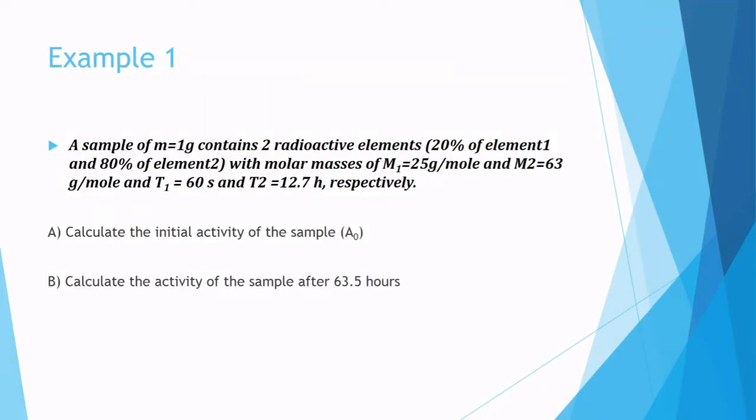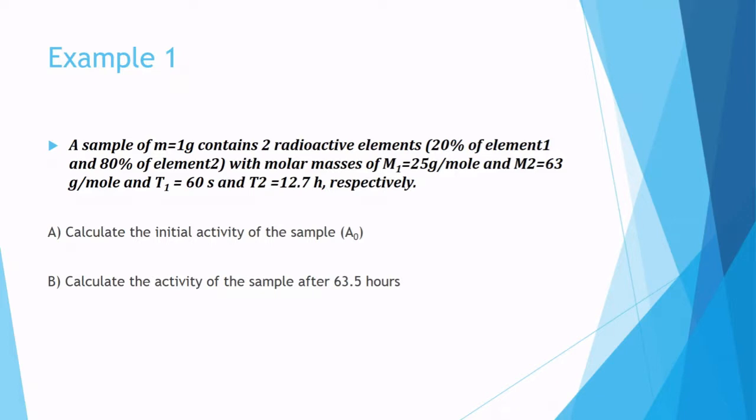We are going to start with this example here. A sample of mass 1 gram contains two radioactive elements. 20% of the mass is element 1 and 80% of the mass is element 2. The molar mass of element 1 is 25 grams per mole, and for element 2 is 63 grams per mole.